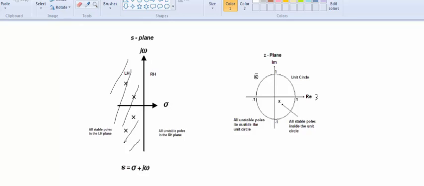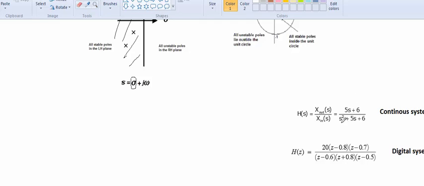Just to repeat, here, if all the roots are in the left-hand side, we call the system stable. If sigma is negative, we can say the system is stable. S is the root; all of these are roots of the characteristic equation, or the poles of the transfer function, the roots of the denominator of the transfer function.